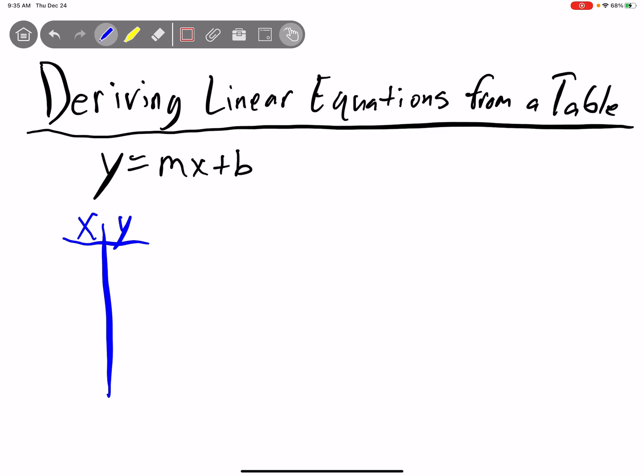Now, if I give you a table, if I don't already tell you it's linear, you need to do one of two things if you need to derive a linear equation from it. One, you need to determine whether or not it is linear, which is different from it being proportional, because all proportional tables are linear, but not all linear tables are proportional.